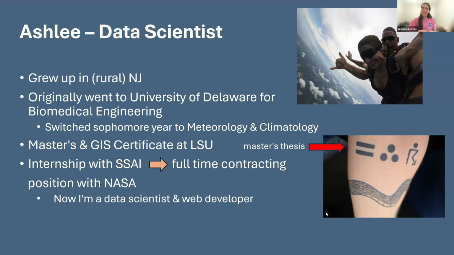I switched to meteorology and climatology about halfway through, and then I went on to LSU to get my master's in GIS certificate. If you are familiar with aviation weather, you will see I have tattoos of my master's thesis, which are METAR symbols. So maybe you recognize them. If not, remind us during the FAQ and we can tell you what they are.